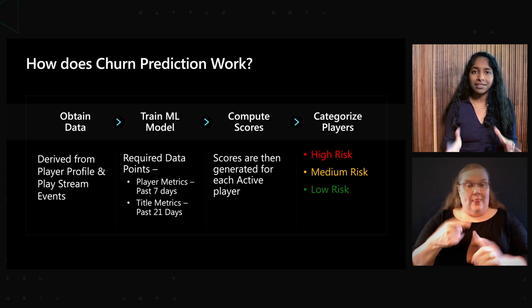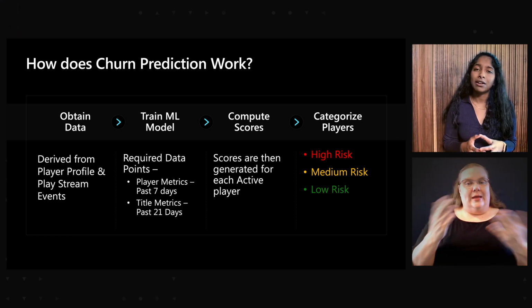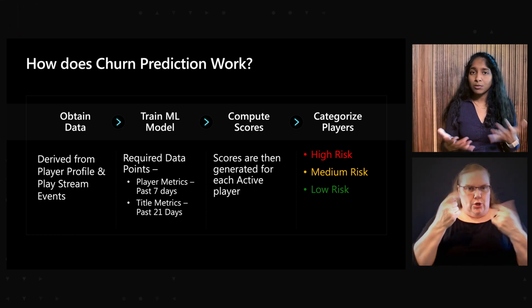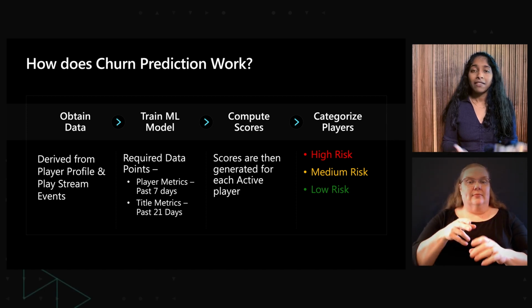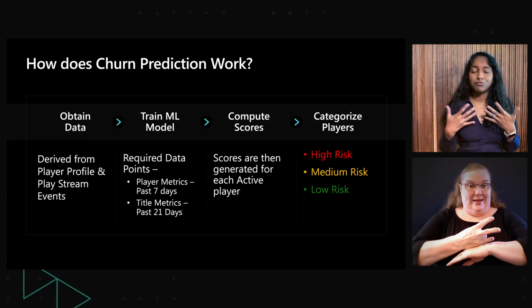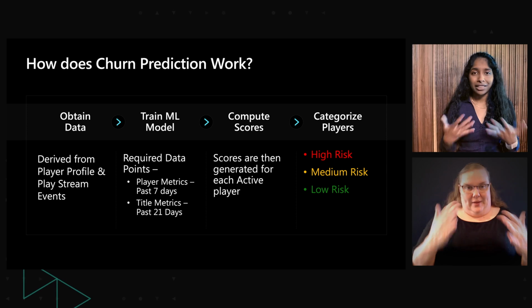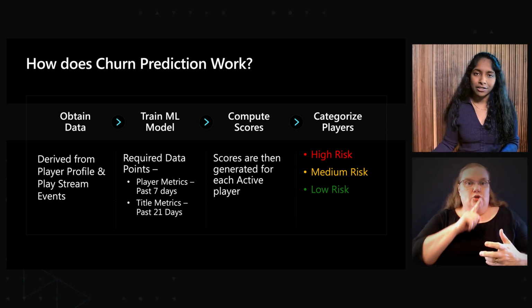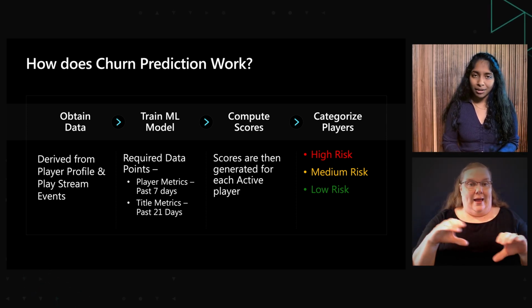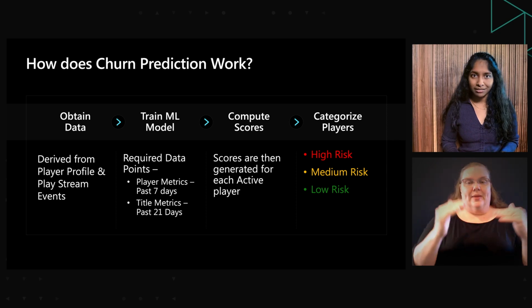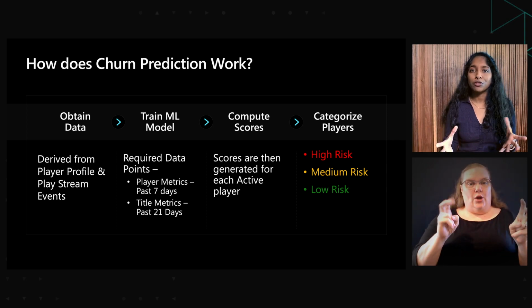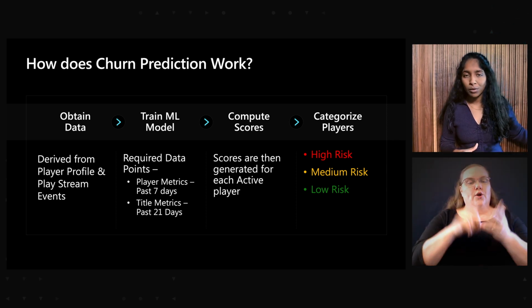Here, we only consider players who have logged in the past 7 days. This is what we call active players. This is to ensure that we have the most recent player data to train the model with and to generate an accurate score at the end. The second data point that we use is title data. Here, we require the title to have data points for the past 21 days.